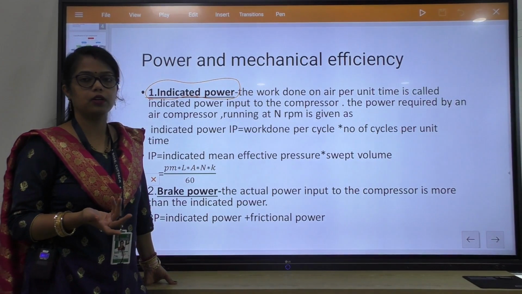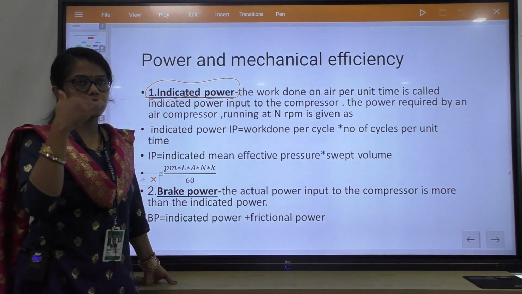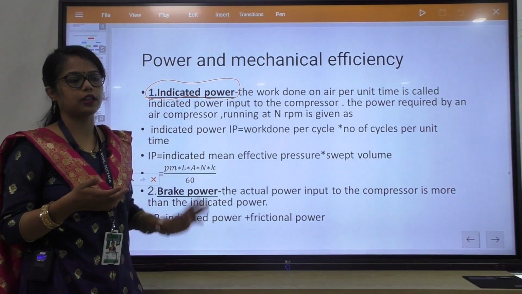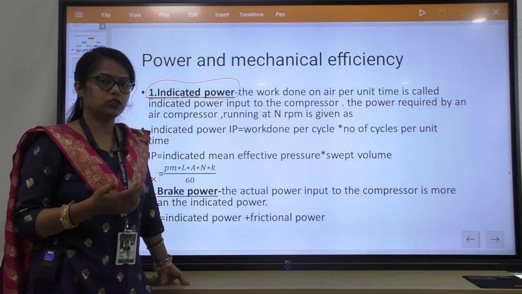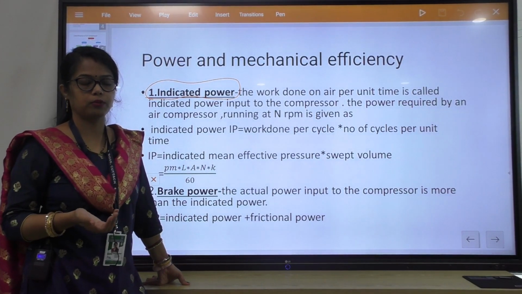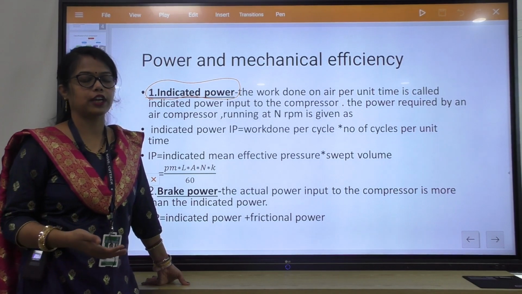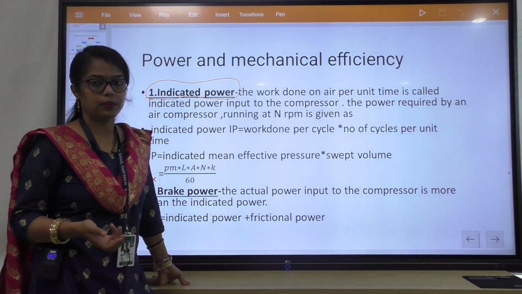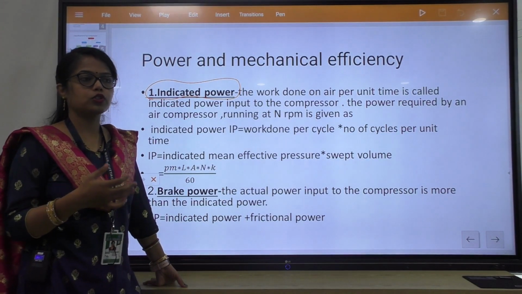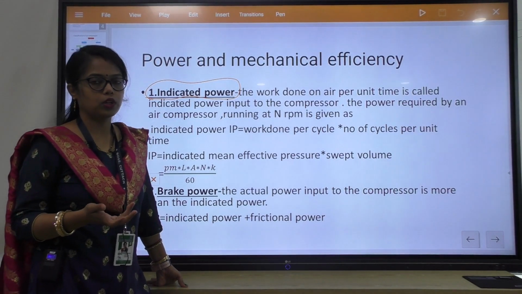You must have remembered in the IC engine part, the first is indicated power, because in the IC engine the combustion process will occur and the piston will move, then the crankshaft will rotate, reciprocating motion will be converted into rotary motion, and that power which is available at the crankshaft is called brake power. Okay. But in the air compressor case, first we have to provide the work, provide the electricity to the motor.